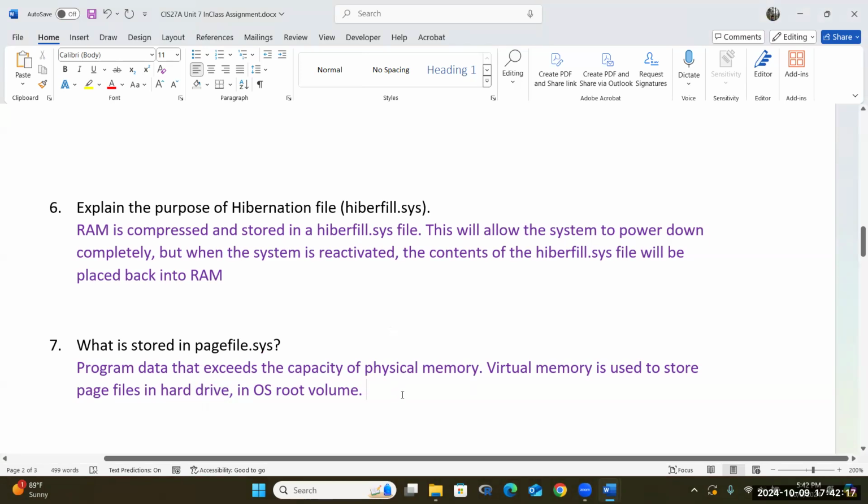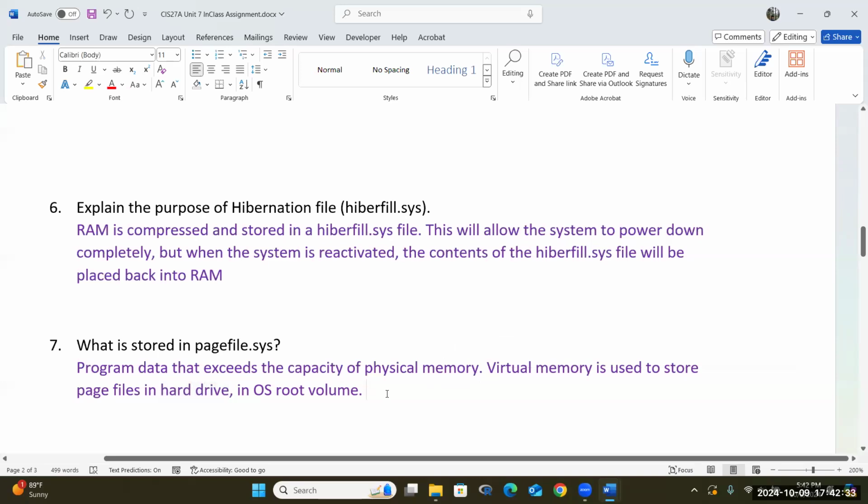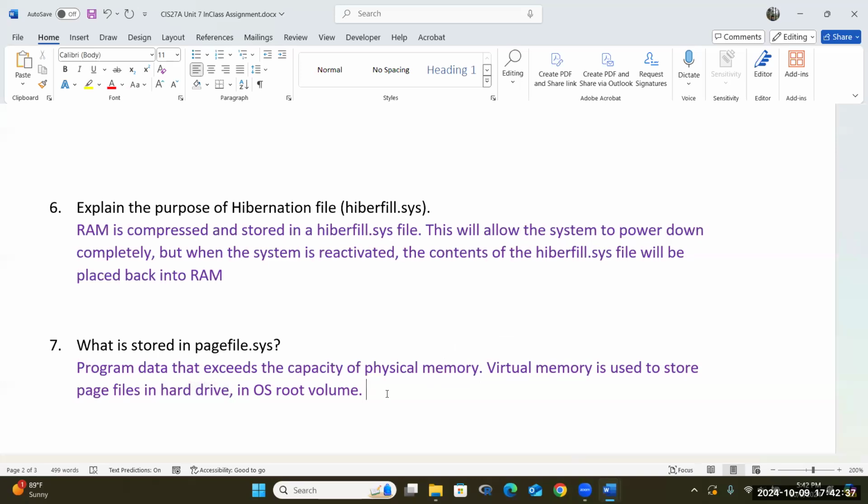Your system uses hard drive space to supplement what's lacking in the RAM area for that application. So that means that we need to examine the RAM and the virtual memory on your hard drive. Any questions?